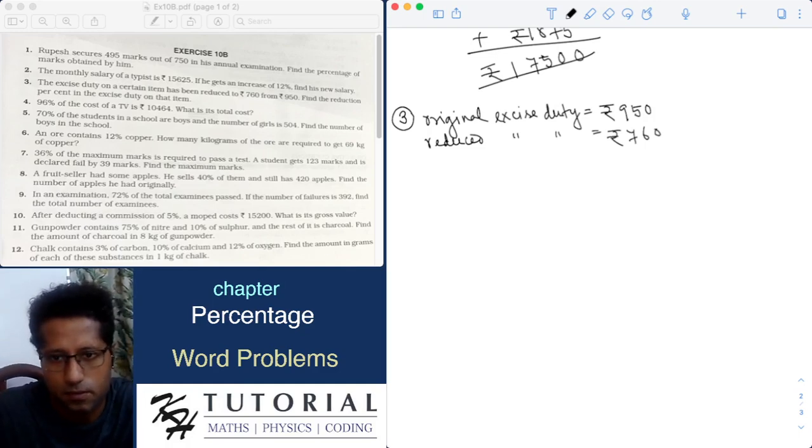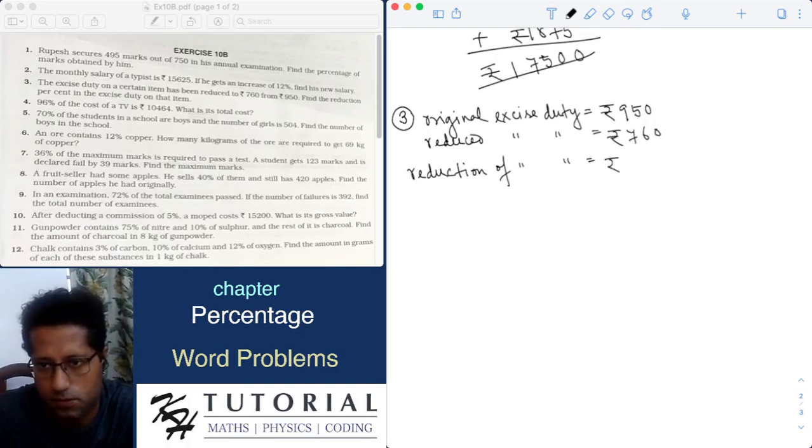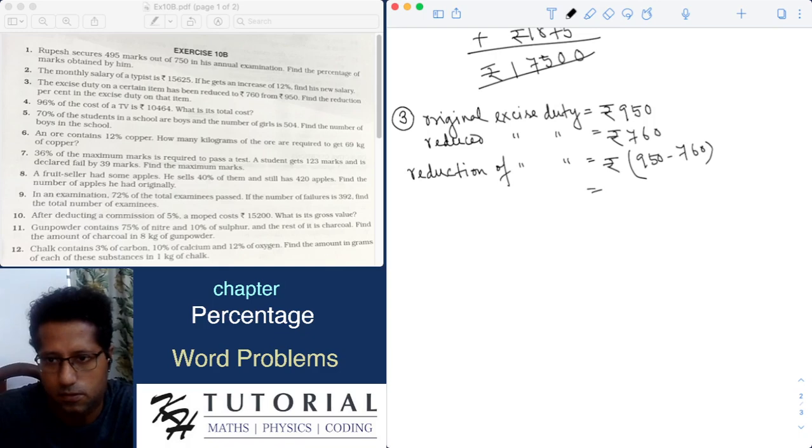So the reduction of excise duty equals how much rupees was reduced. This is rupees 950 minus 760, which is rupees 190.